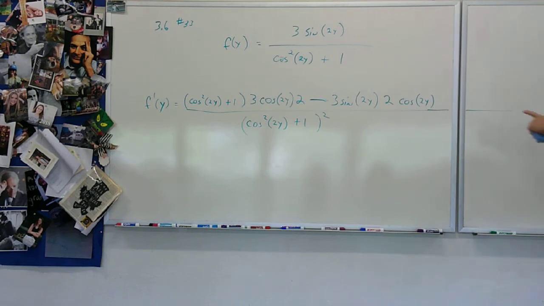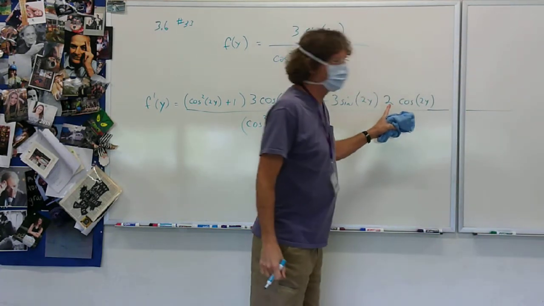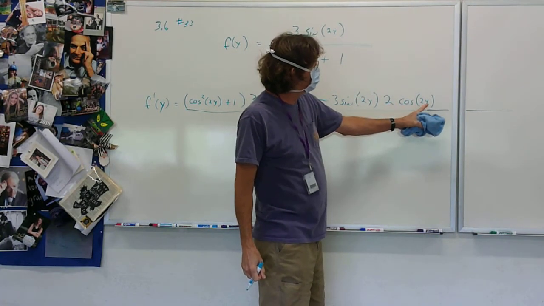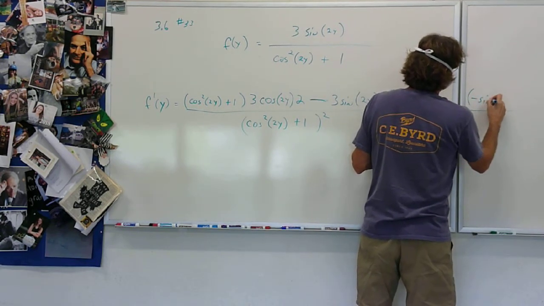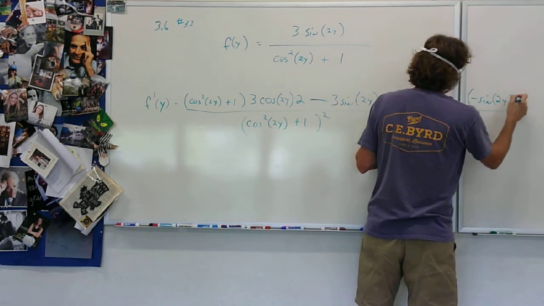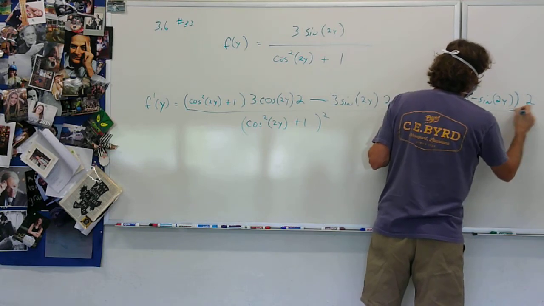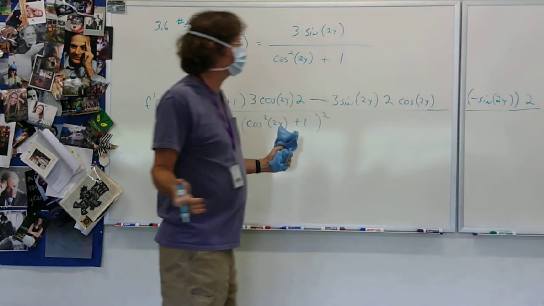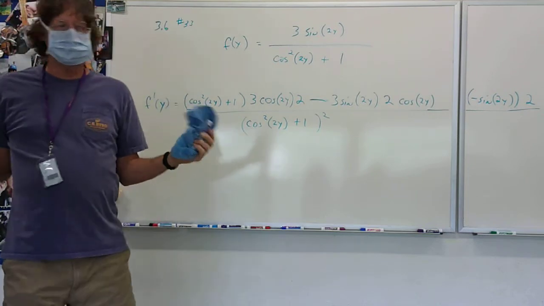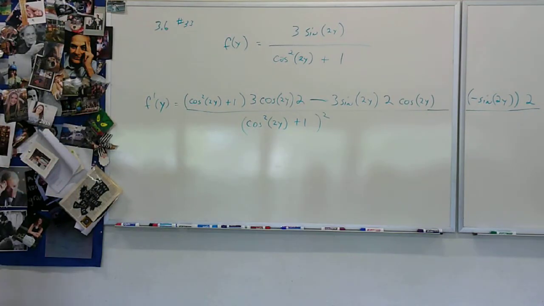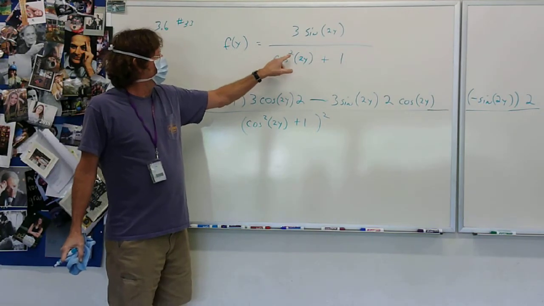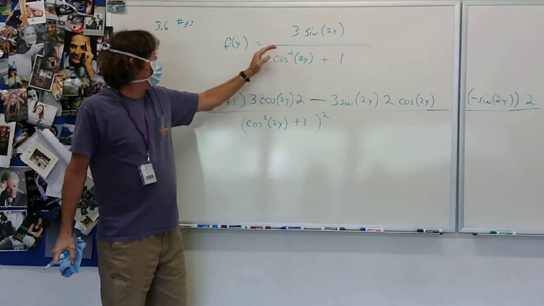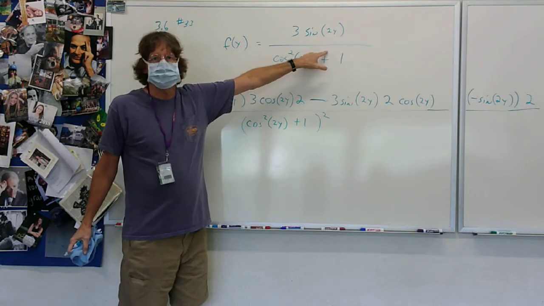That's what I'm saying. See, I brought the 2 to the front, cosine 2y, and then I have negative sine 2y times 2. Did I get upset that you asked that question? No, I'm a kind man. That's the kind of thing that causes problems, because when you put the power there with the trig function, that's like a big set of parentheses with the power above it.